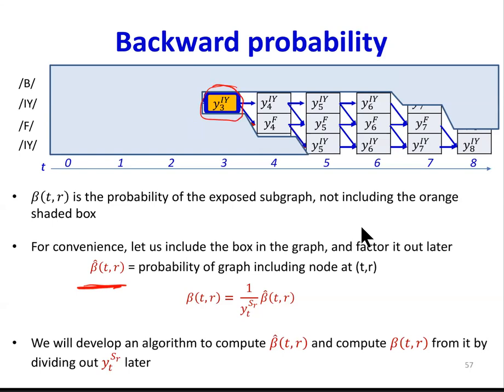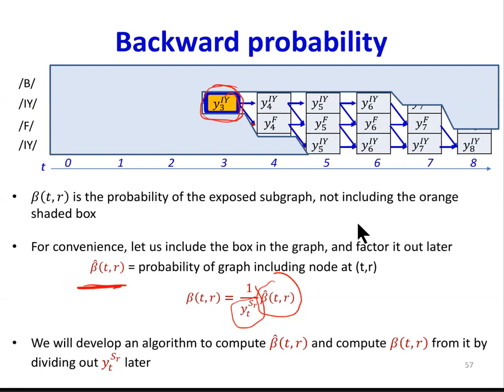So if I want the probability of the graph that doesn't include this node, all I have to do is take beta hat TR and divide out the probability of the node itself. This making sense? Everybody raise your hands if you got that. Right, very easy.